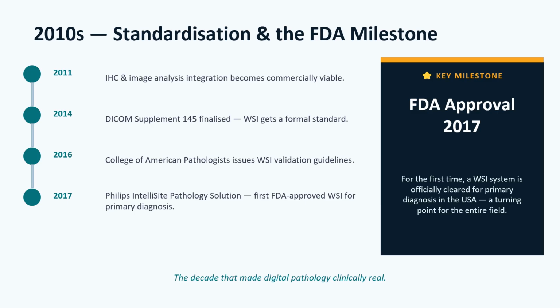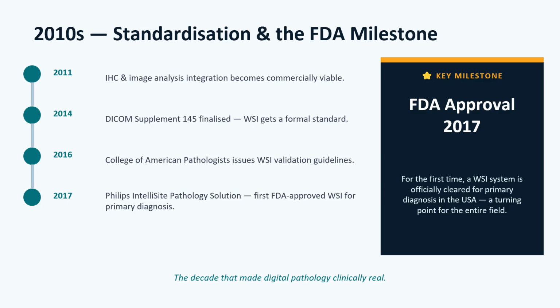The 2010s were the decade that made digital pathology a clinical reality. In 2011, immunohistochemistry image analysis became commercially viable. In 2014, DICOM Supplement 145 was finalized, giving WSI a proper international standard. In 2016, the College of American Pathologists issued validation guidelines.